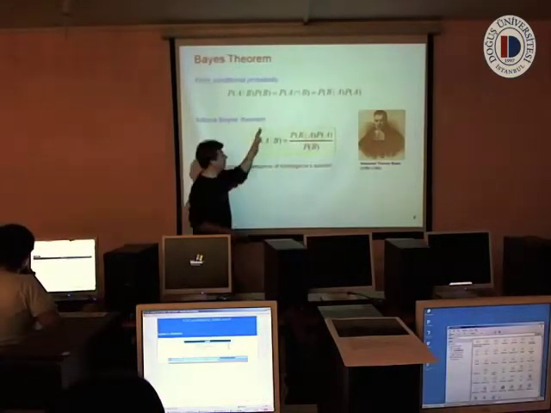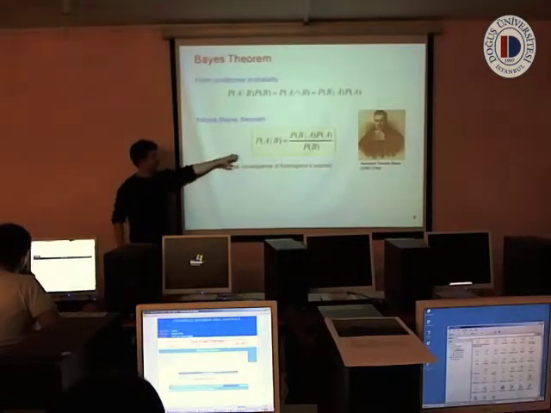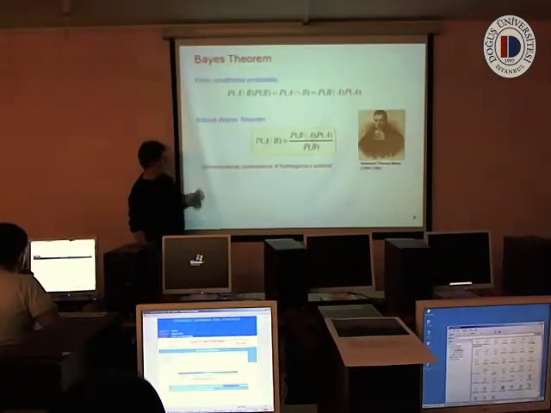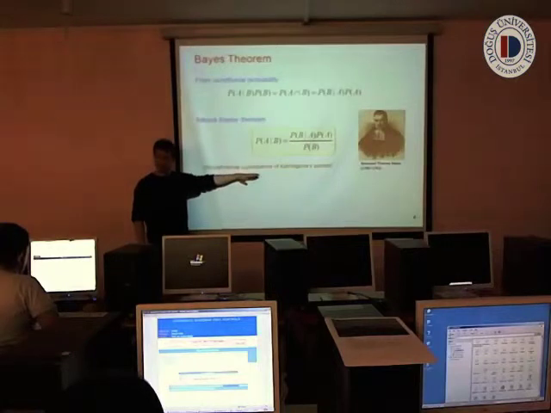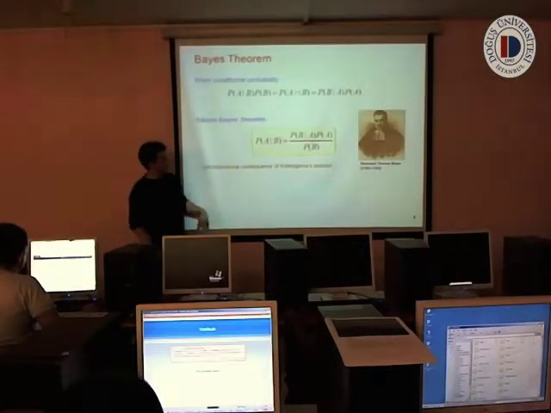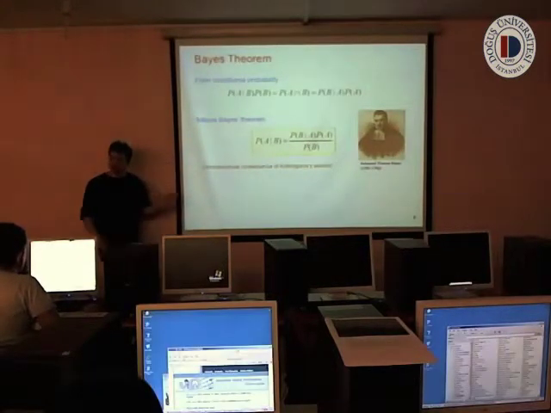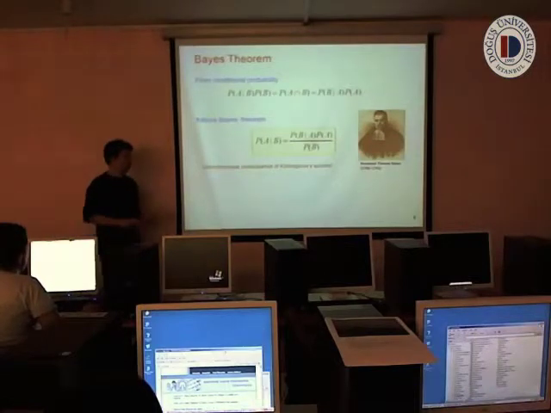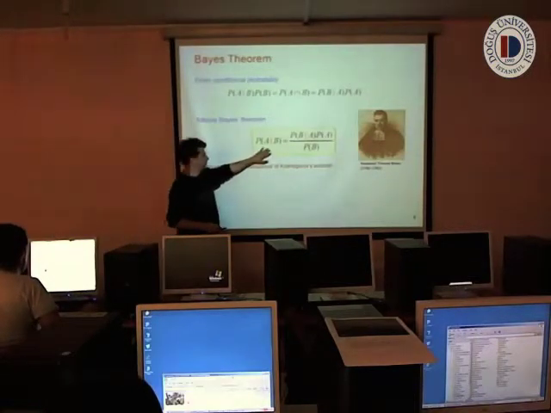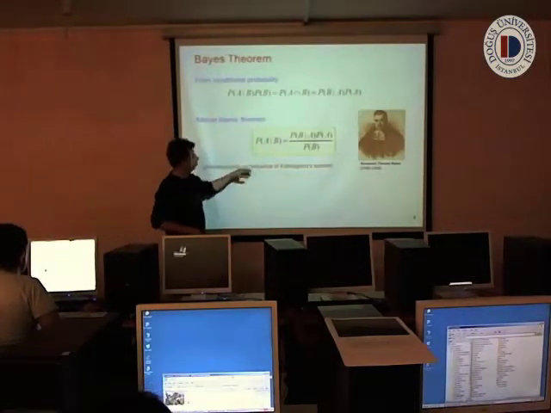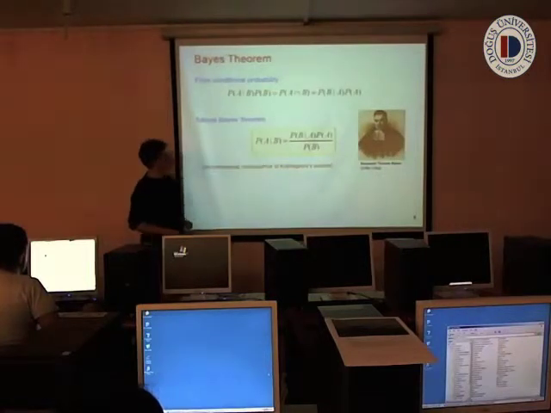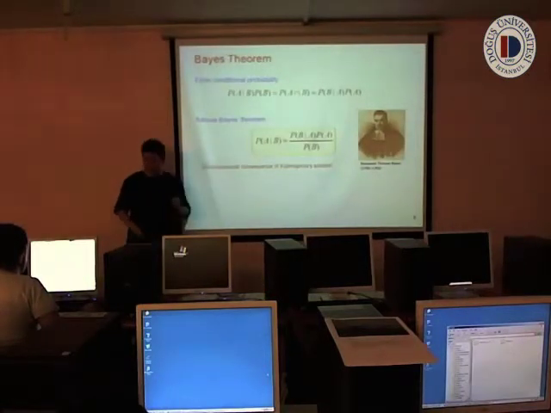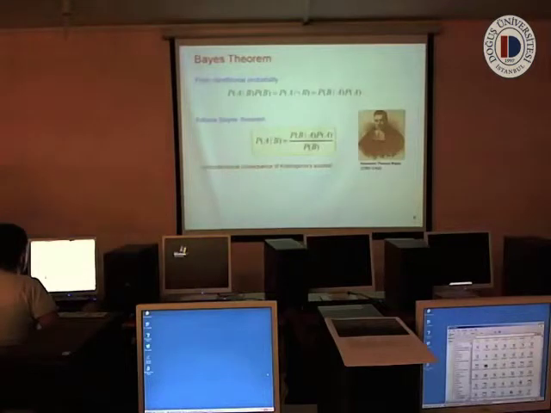It's completely symmetric, and then you divide, and you get this. This comes directly from the Kolmogorov axioms, and it's independent of which theory you like, frequentist or Bayesian approach. This is uncontroversial.